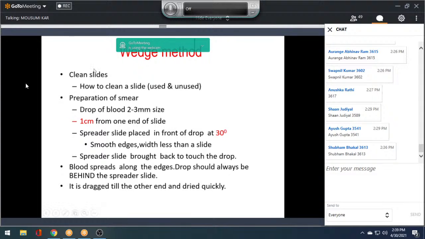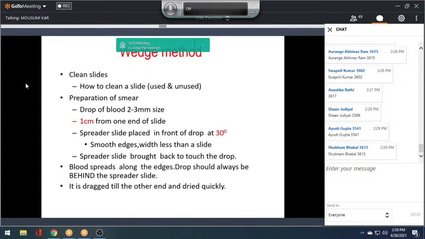So we have the wedge method. Remember, you have to use clean slides. Now, people think that clean slides means I'll buy a new pack of slides and make a smear on that. That is not a very good idea, because with new slides, the manufacturer usually uses a thin coating or polish on the slide to make it look shiny and clean.